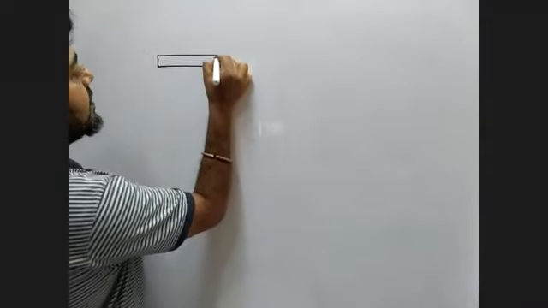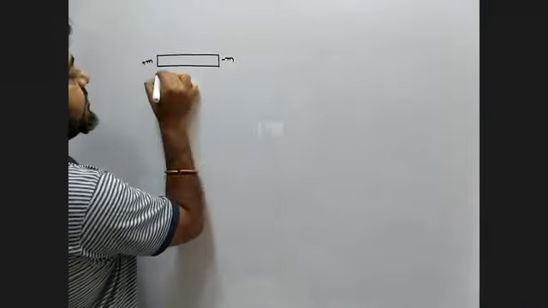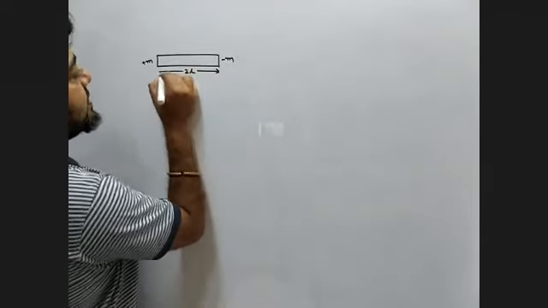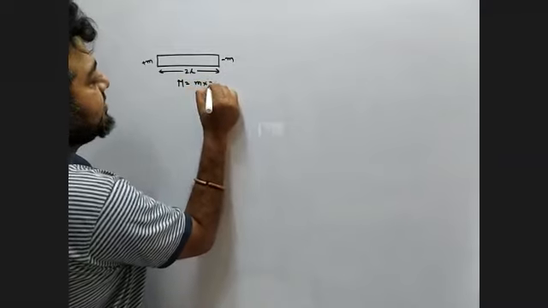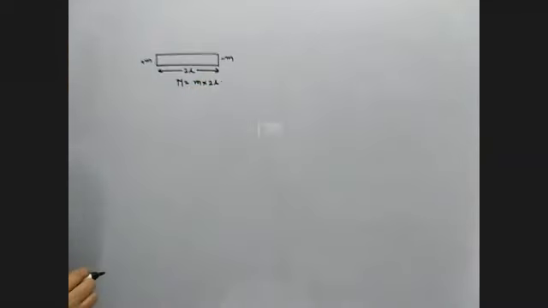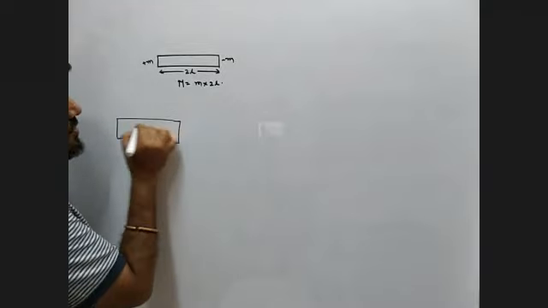suppose we have a bar magnet, plus M and minus M separated by distance 2L, and let capital M be the magnetic moment, that is M into 2L. Now suppose we section it horizontally.